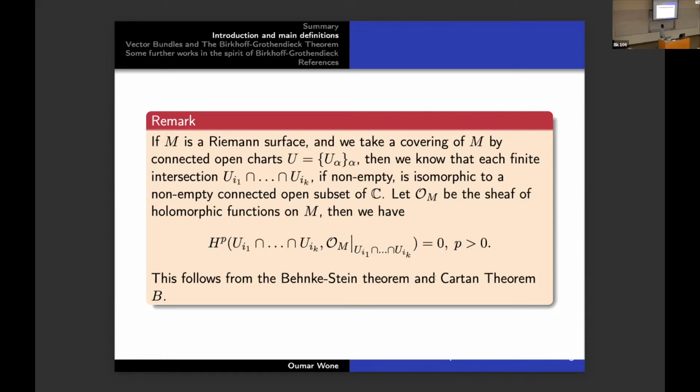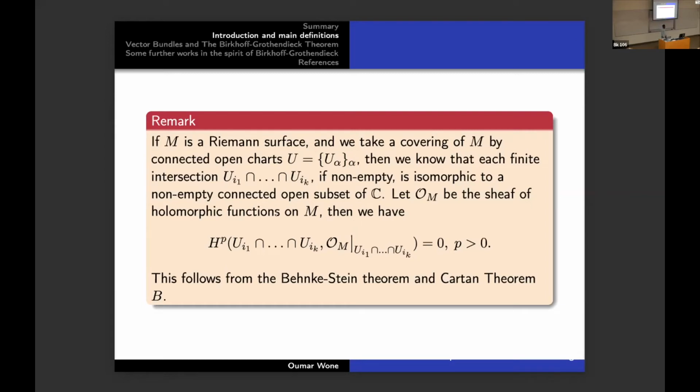We have this because we know from the Behnke-Stein theorem that a non-empty connected non-compact Riemann surface is necessarily a Stein manifold. And we know that the sheaf of holomorphic functions O_M restricted to this open set is a coherent sheaf.